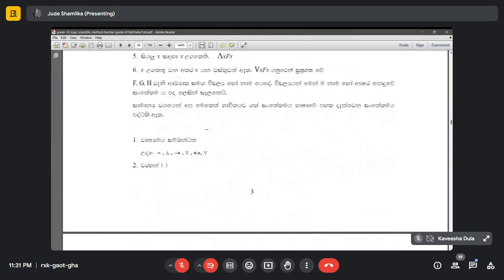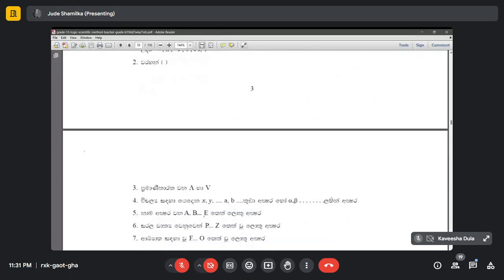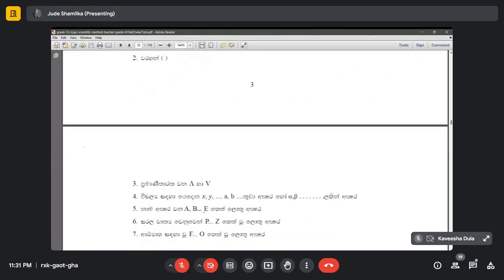After the quantifiers, then we have these other variables. These are the variables that we specifically use for predicate calculus. These variables represent each and every element in the set.